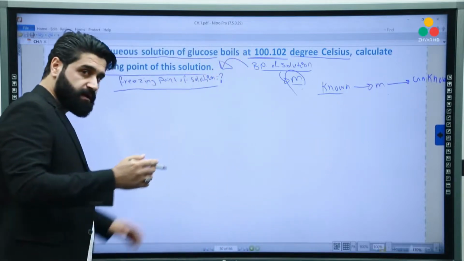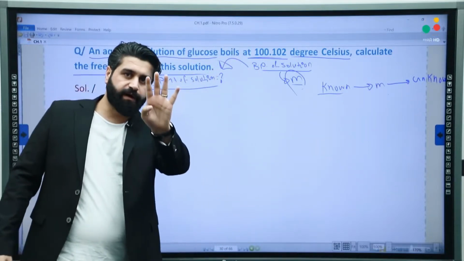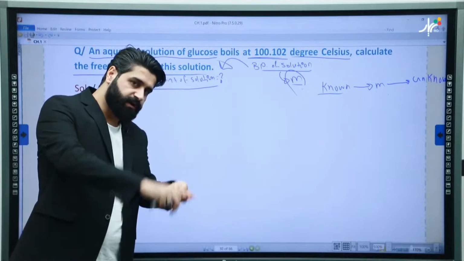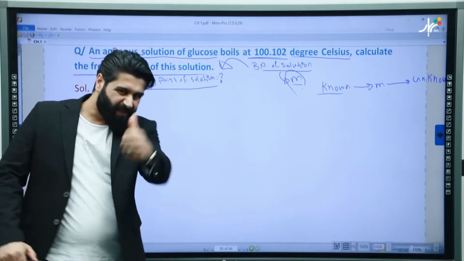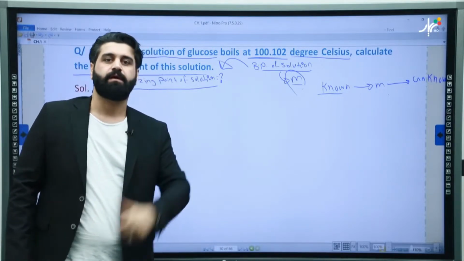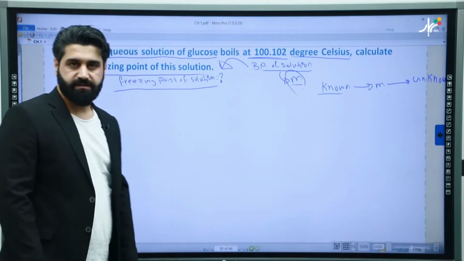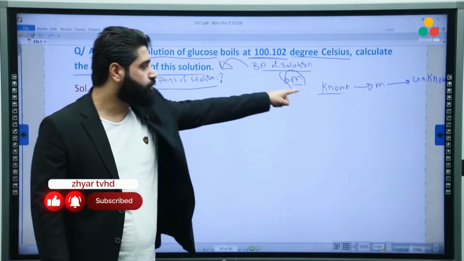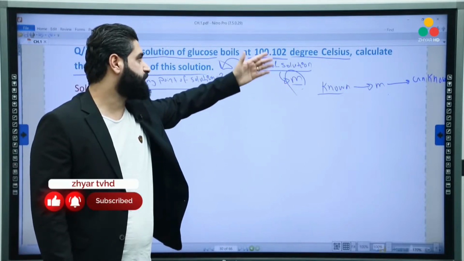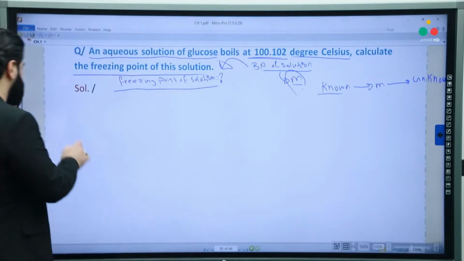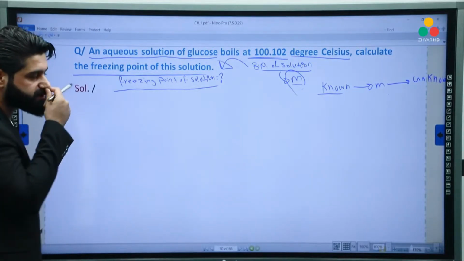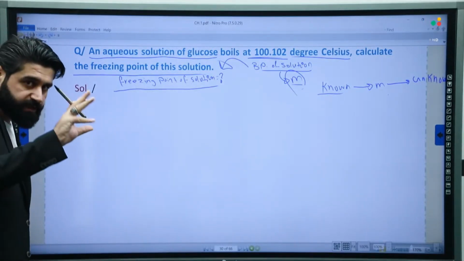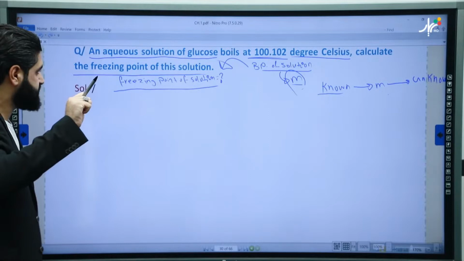So you have to use all four equations, two of boiling point, two of freezing point, in that kind of question. But we will start with the known. Okay, so we have to start with boiling point firstly. So we have two equations of boiling point. We are looking to get the value of molality.